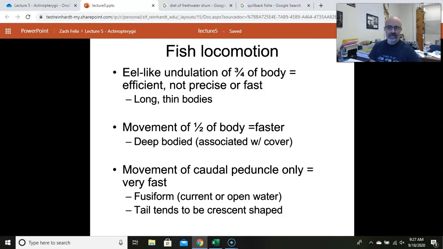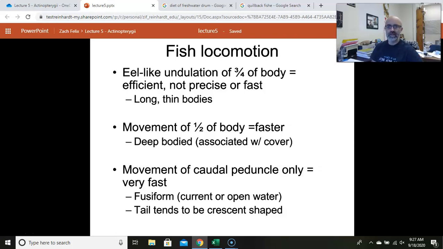If you have something like a bass or a deep-bodied fish, the latter half of the body moves side to side, laterally, rather than the whole body moving in a sinuous curve. This is basically related to speed.